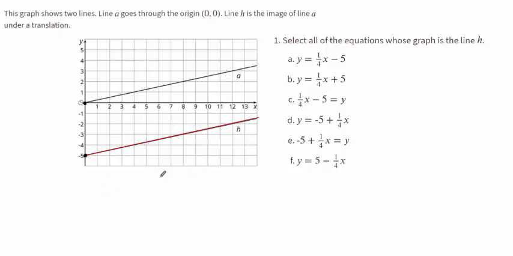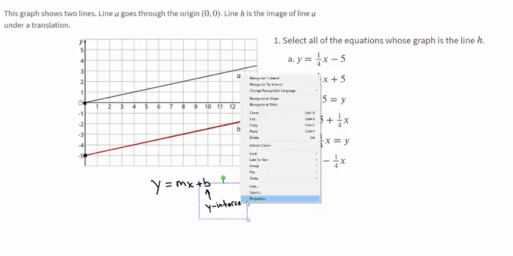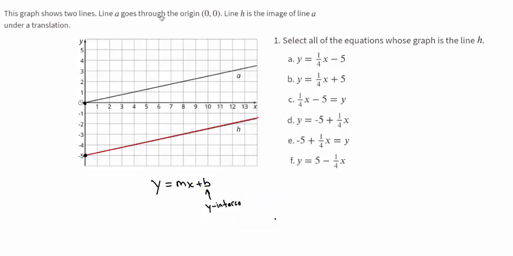And if you remember from our last lesson, in this equation, b is the y-intercept, right? That is our starting point.